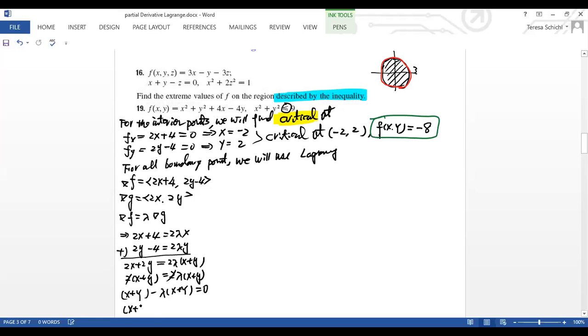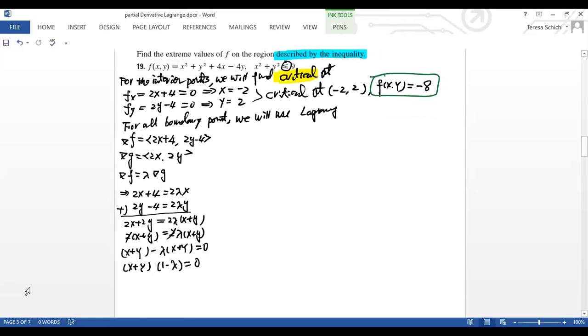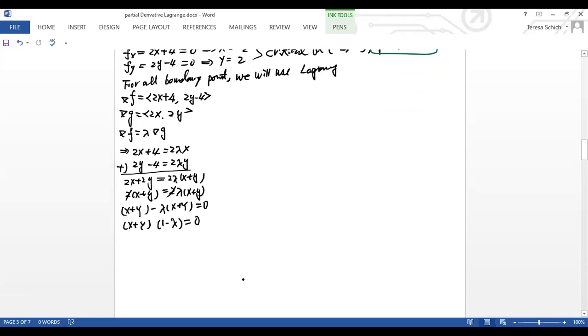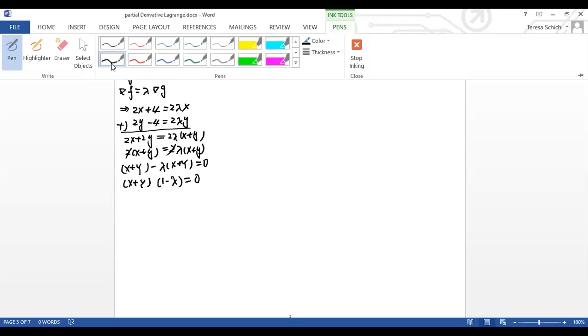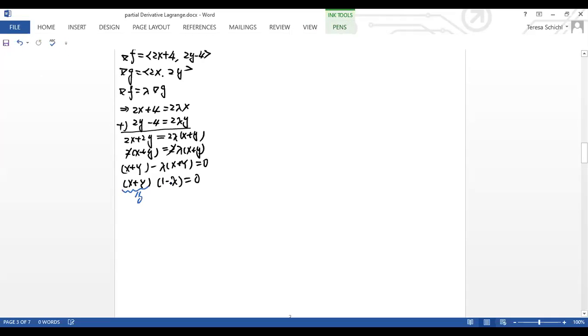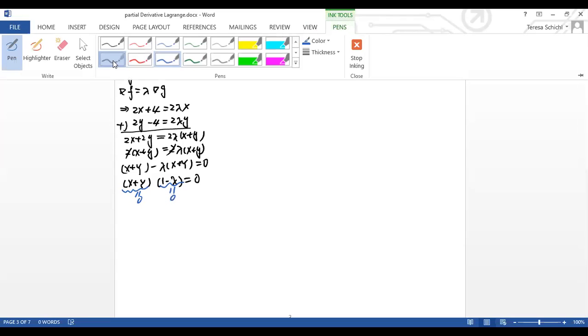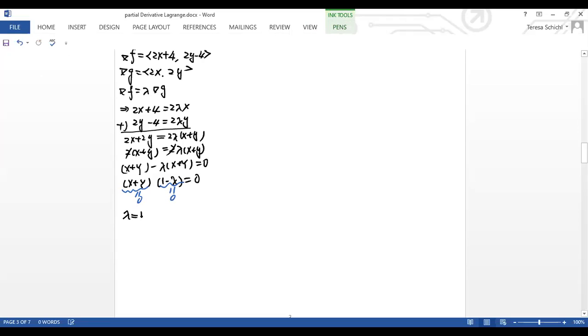I factor (x plus y) out, and (1 minus lambda) equal to 0. When you multiply two numbers and get 0, that means this one equals 0 or that one equals 0. Let's say, how about lambda equal to 1? Does this work? I'd say this is not working.